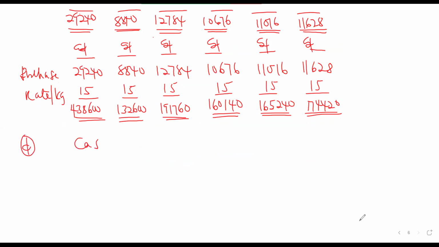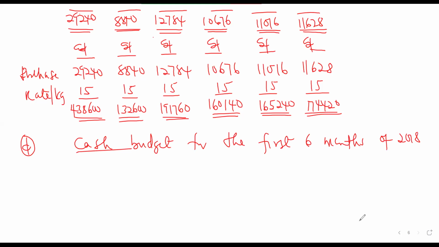So we have the cash budget for the first 6 months of 2018. So we do it for each of the months. So let's have our January here. Please, they are not asking to show total, so don't show total, unless the question asks you to show total.